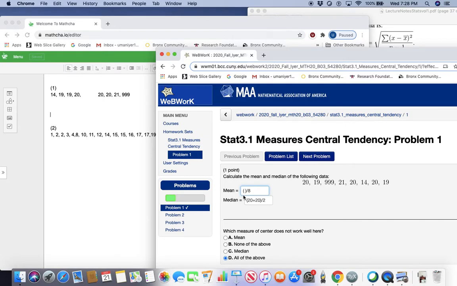So notice how I have written parentheses first over 8. Parentheses is important here. All right. So 14 plus 19, which appears now twice, plus 20, and 20 appears 3 times, plus 821, and then plus 999. So that completes the stuff inside my parentheses.